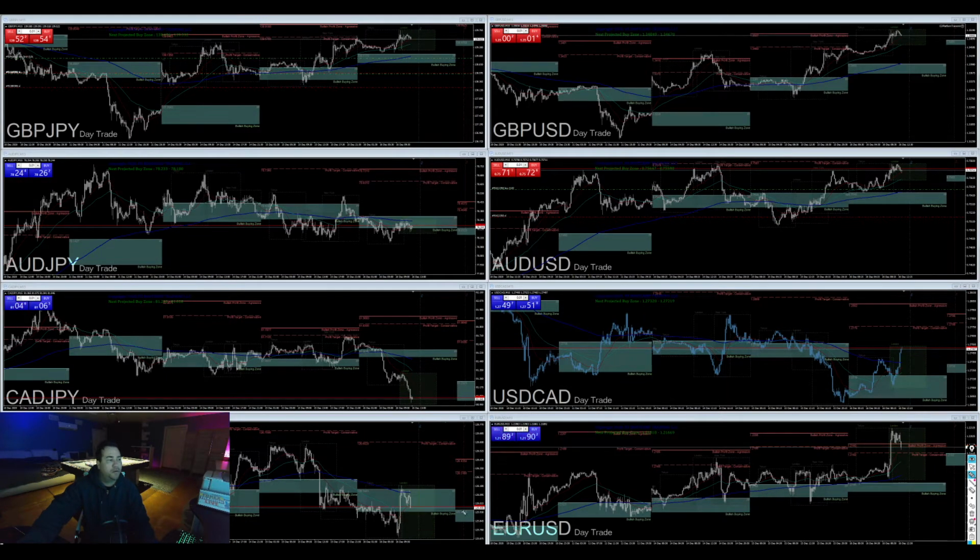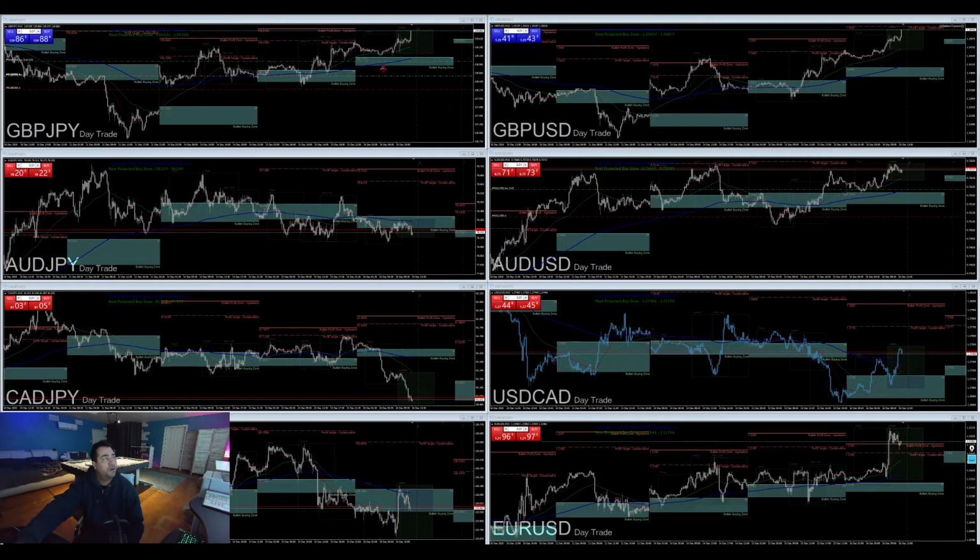Take a look here, showing a rejection from the daily central pivot right here on the euro yen. We'll see if this level holds as support. All right, here we go. We're getting movement here on the pound yen. Very good.